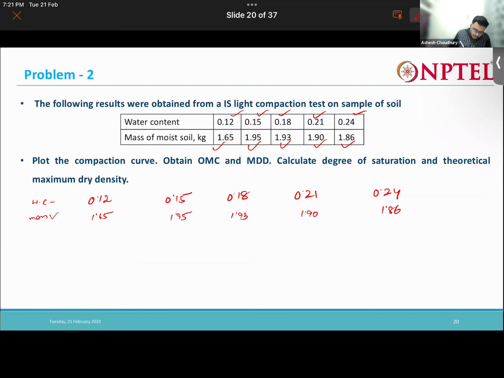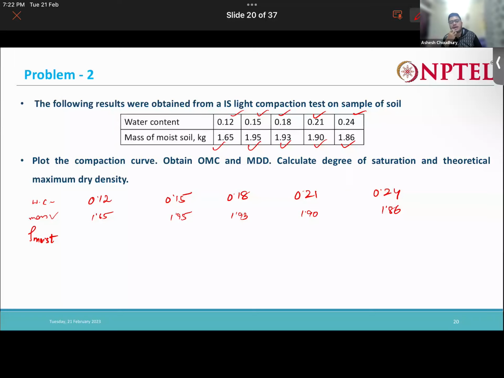Can we calculate the moist unit weight, or moist density? The mass is already given, so we need the volume. If we divide mass by volume, we get the density.